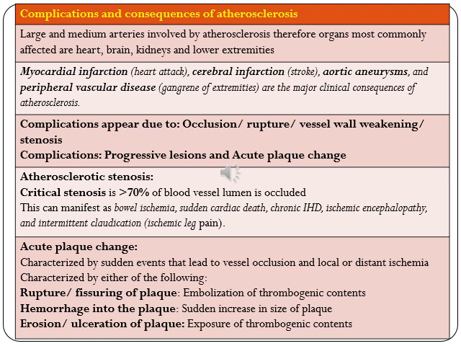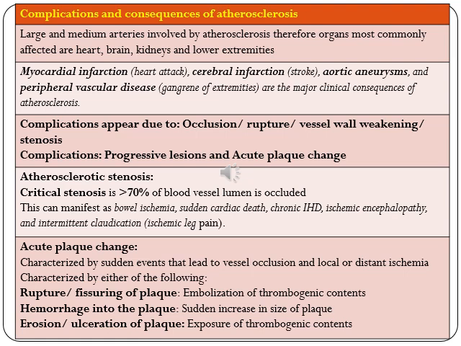Then there can be sudden hemorrhage into the plaque. That will also lead to a sudden increase in the size of the plaque, which was previously smaller. Suddenly it will enlarge, and that will lead to stenosis or compromise of the blood supply to the vessel. Then there can be erosion or ulceration of the plaque.